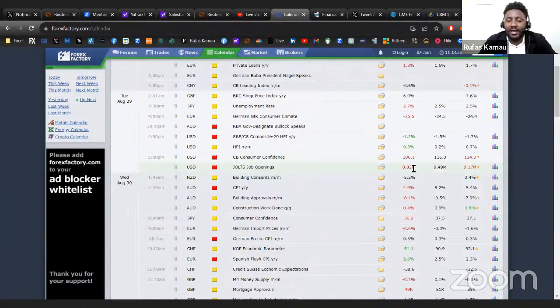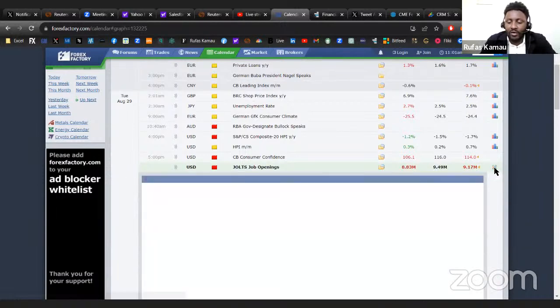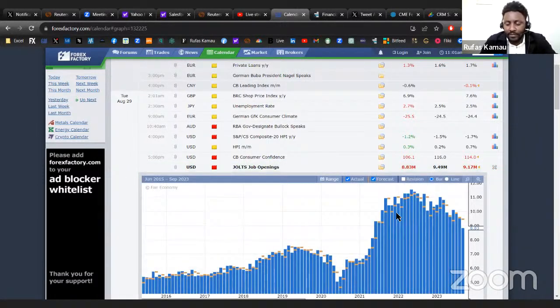So there is a lower number of jobs being advertised in the US economy. And we saw this number drop below 9 million for the first time in a long time. The level below 9 million, at 8.83, was last seen in June last year. This basically means that fewer jobs are being advertised, meaning that the labor market conditions are softening.